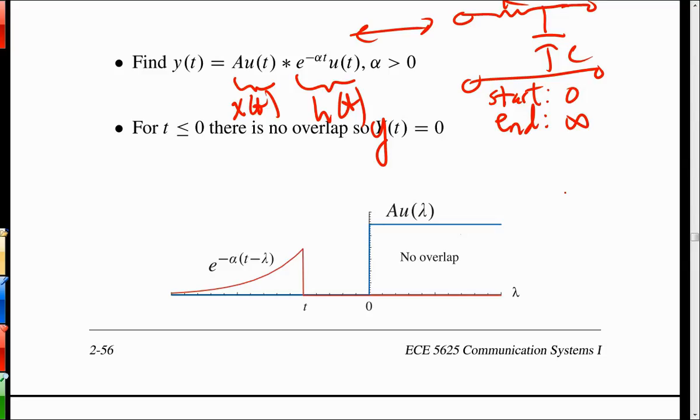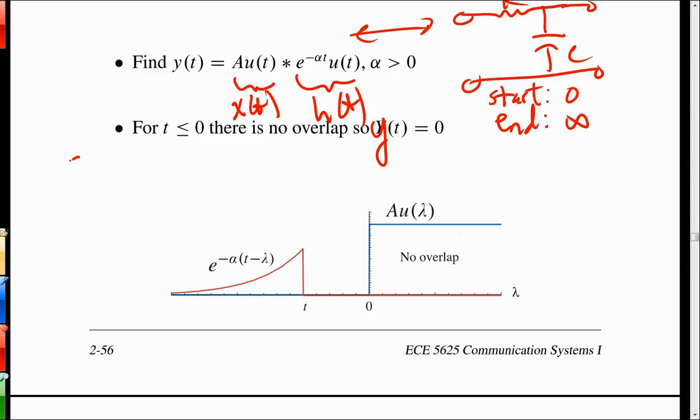Okay, so when you work this type of problem, both of them are semi-infinite, so from a personal preference standpoint, in my mind there's no strong preference whether you flip and slide the step or flip and slide the exponential.